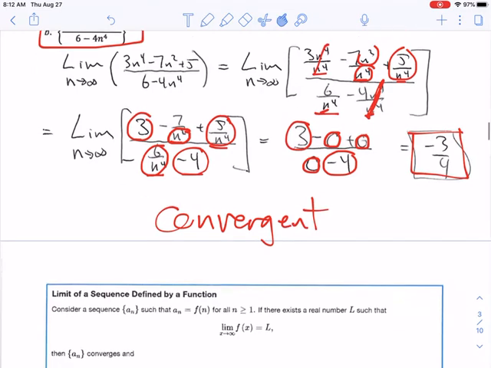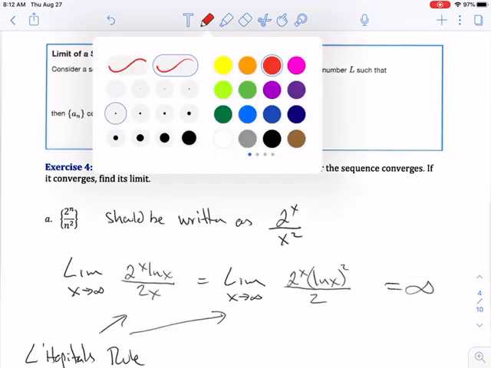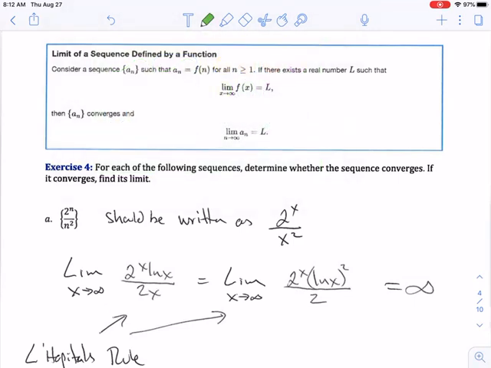All right. Now, I made a couple mistakes in this one too. So, the limit of a sequence defined by a function. There's absolutely no difference between what we just did and what we're doing now. The only difference is if you want to find the limit of a sequence versus the limit of a function, in other words, whether you have an n or an x.